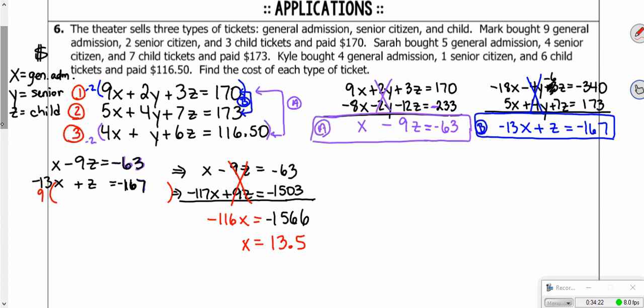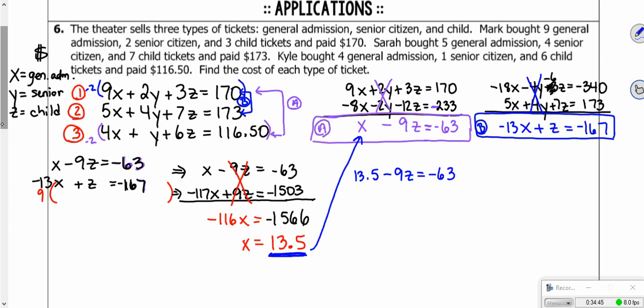Okay, so now that we have x is 13.5, where do we go with it? We can put it in A, we can put it in B, it really doesn't matter. But let's go ahead and put it up here. So we've got 13.5 minus 9z equals -63.